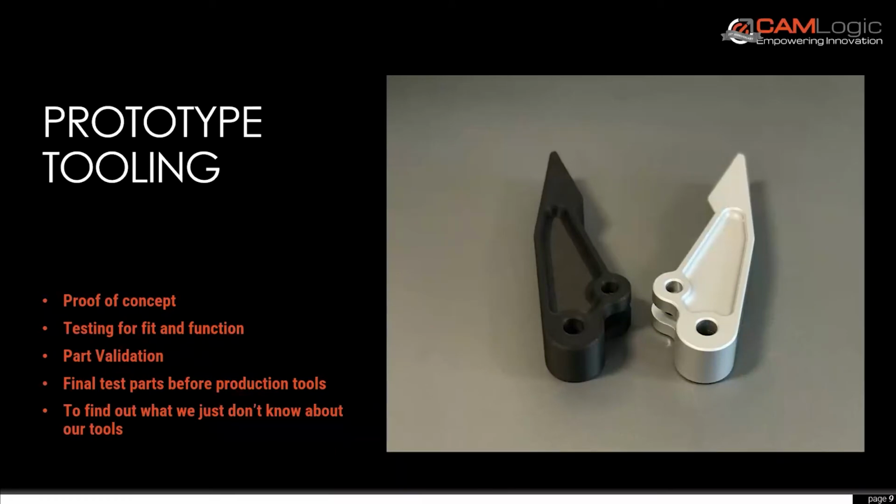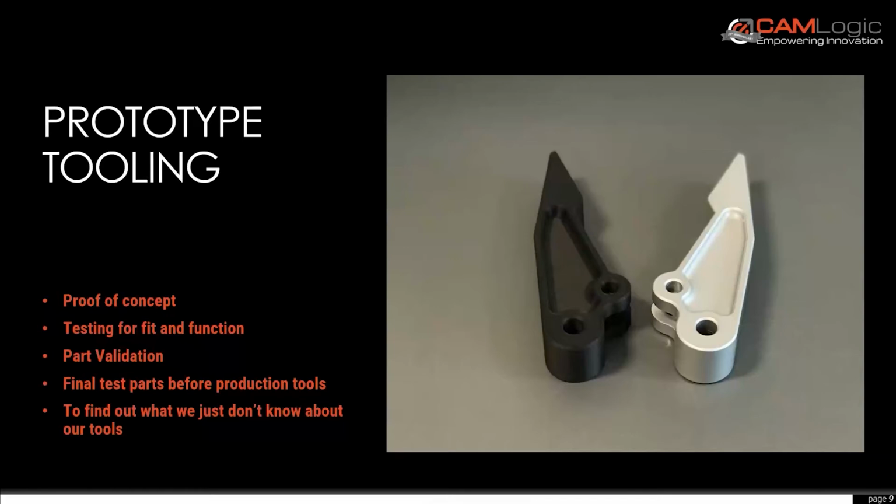Part validation also, to make sure that these prototype parts are actually going to perform the way they want before you tool up to make your final product. Whether it might be mass machine production, injection molded, casted, whatever that method might be, we have to validate these parts and make sure that they're going to work before we ramp up for full scale production.